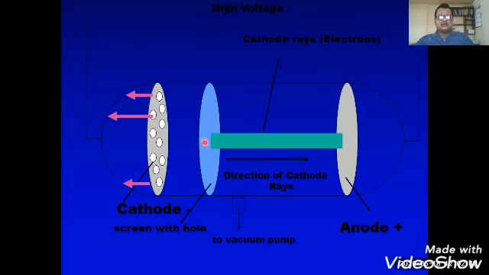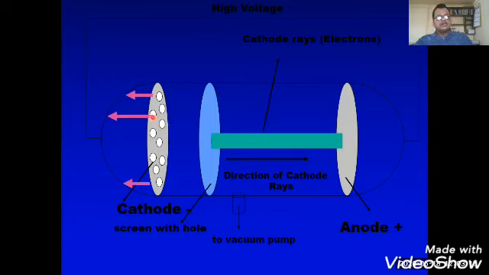Since the cathode rays travel from cathode to anode, and these rays were found to be traveling in the opposite direction, people assumed that these rays must have originated from the anode. That means these rays are traveling from the anode towards the cathode. So they called them anode rays.